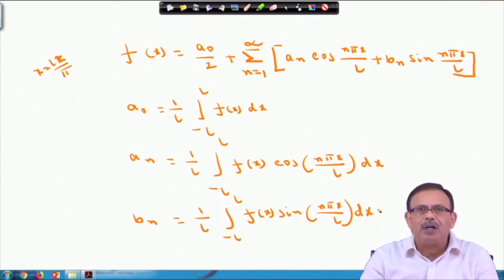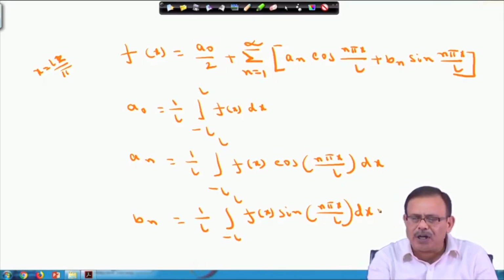Now if a function f x is defined in minus L to L, then f x can be expanded in terms of Fourier series as f x equals a naught by 2 plus summation n equals 1 to infinity a n cos n pi x by L plus b n sin n pi x by L, where a naught equals 1 by L, minus L to L, f x dx, a n equals 1 by L, minus L to L, f x cos of n pi x by L, and b n will be 1 by L, minus L to L, f x sin n pi x by L.